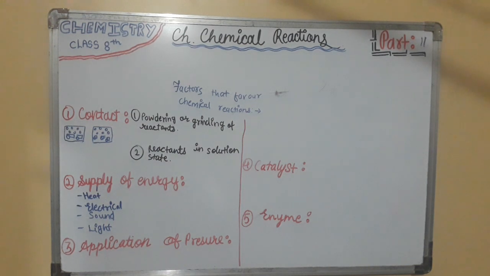So in heat energy, the effect is that most of the reactions are brought about by heating the reactants together. Heating causes the reacting particles to move faster and collide more frequently.